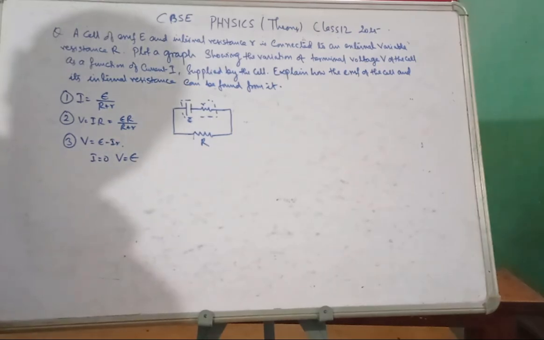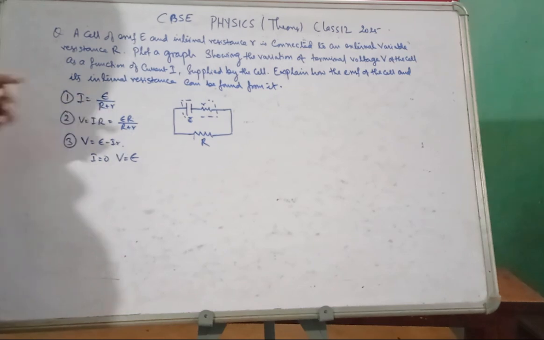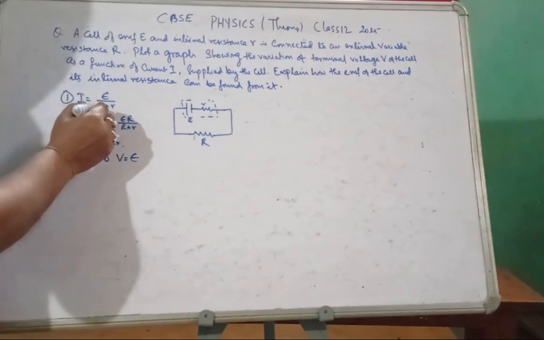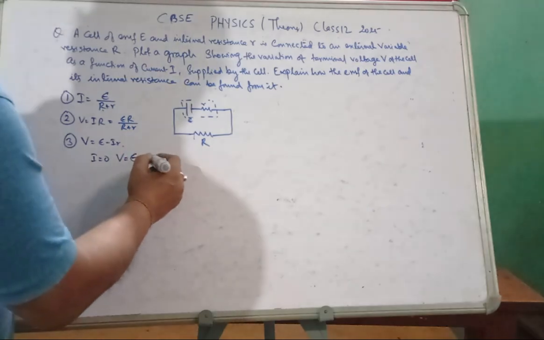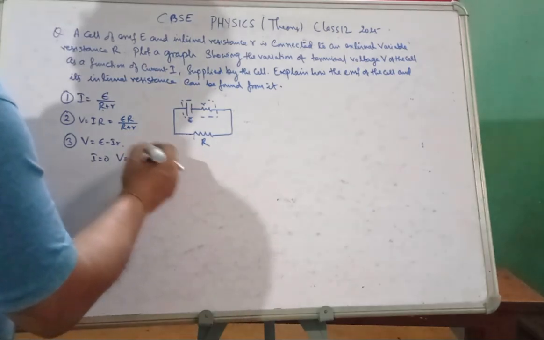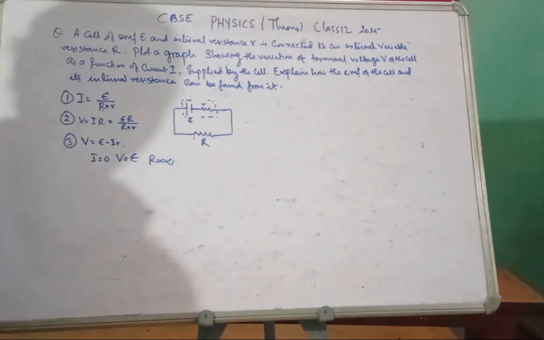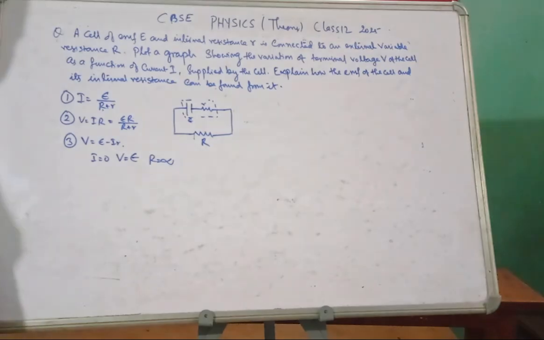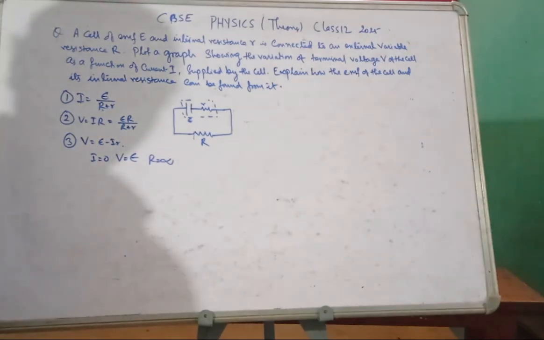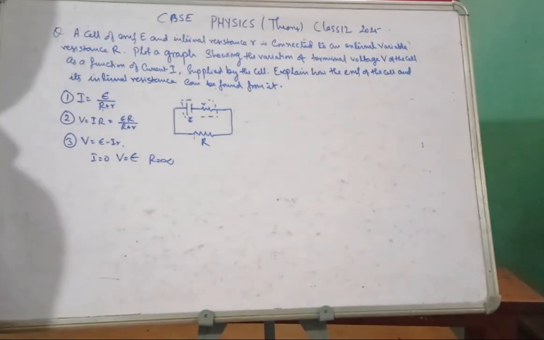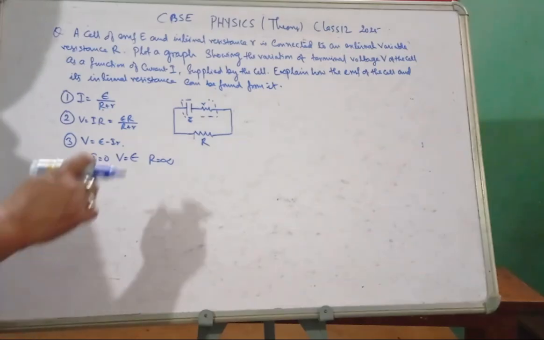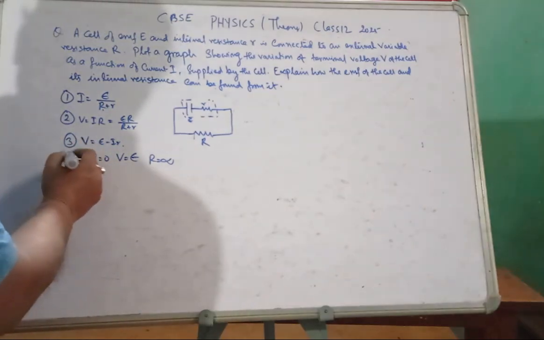I is 0 means R is infinity. So I will be 0 when R is infinity. This is case 1.